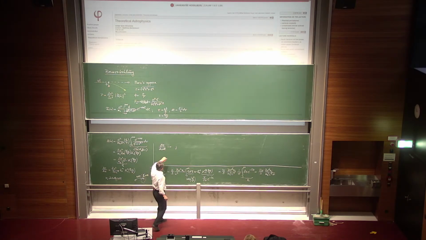So this would be, sorry, it's not a current density, the emissivity, is it usually called? Emissivity. That's energy emitted per unit time, per unit frequency, per unit volume.